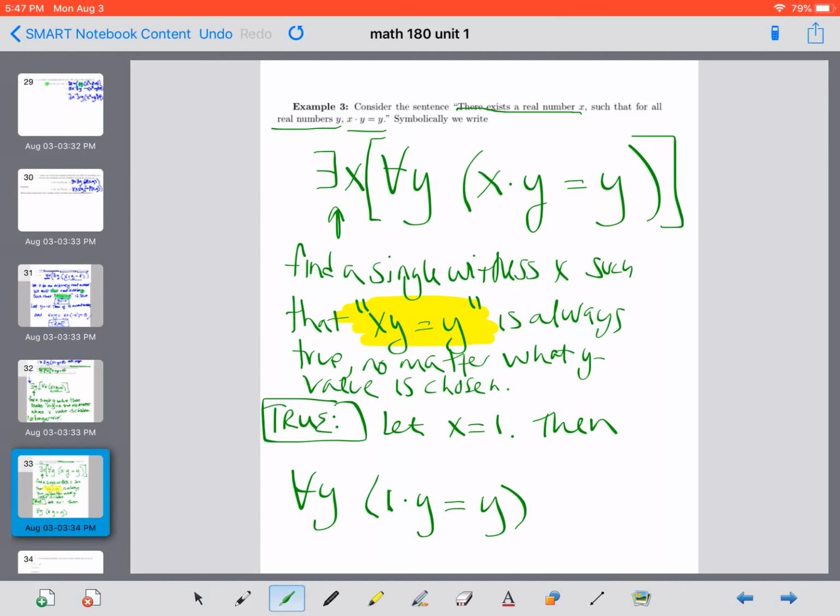So I've just taken my predicate x times y equals y and replaced x with 1. Is this a true universal statement? Is it true for every real number y that 1 times y is equal to y? Yes, this is true. No matter what real number you choose, if you multiply it by 1, you get that real number back again. So that means the entire overall existential universal statement is true. So the whole statement is true.